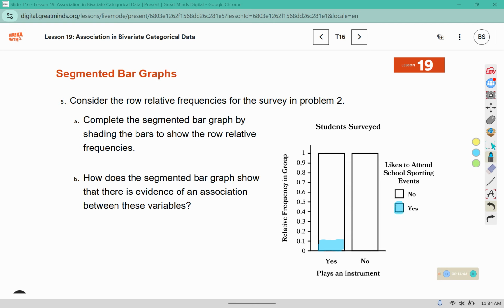But for not playing an instrument, 0.9 liked to attend sporting events. And then the rest did not.